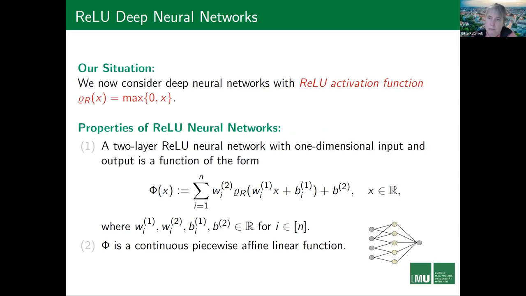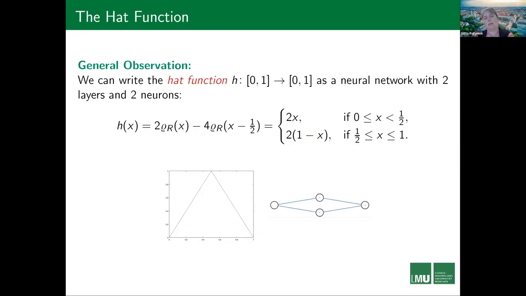This piecewise affine linearity we will see can be used in different ways. So the role of depth is what we aim for. Let's first take a look again at a very tiny example, which we'll then extend and use to show what effect the depth has.